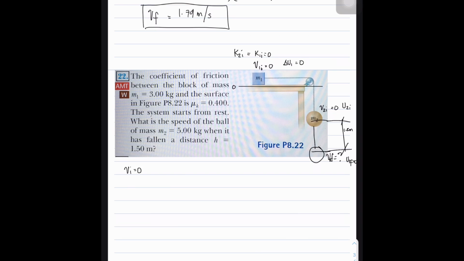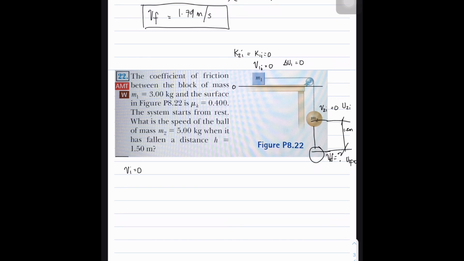Right? What else do we got here? That's it. Now let's keep moving.